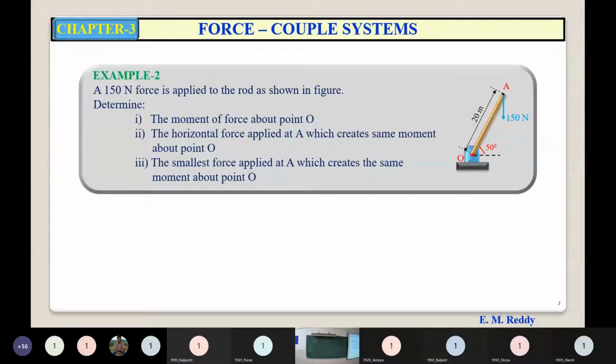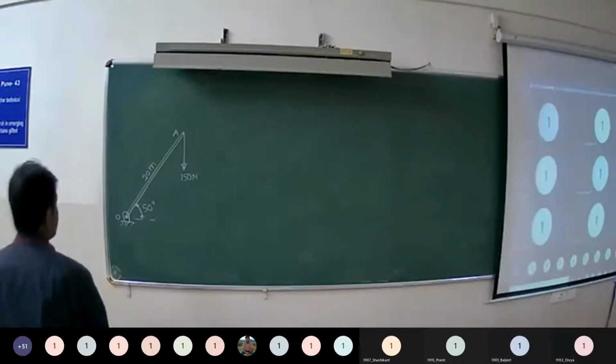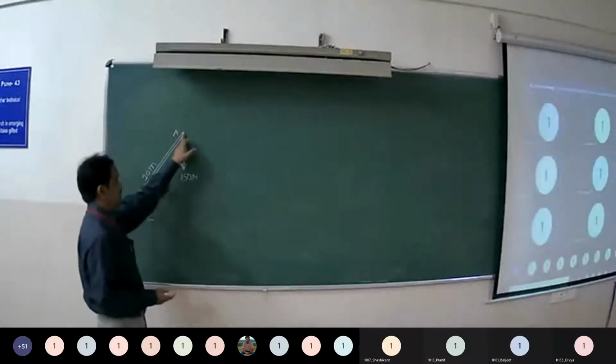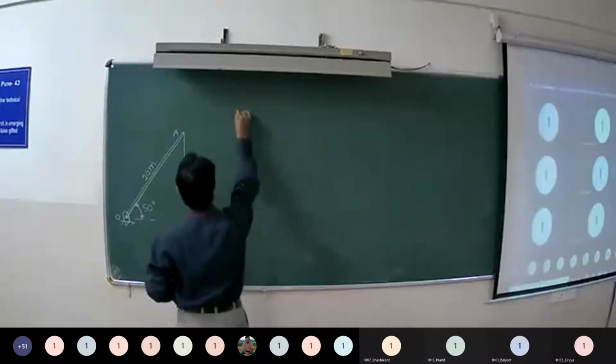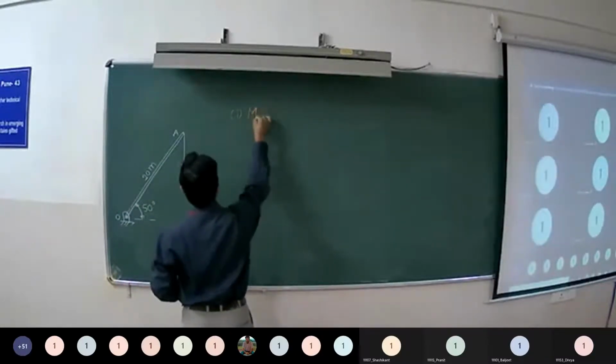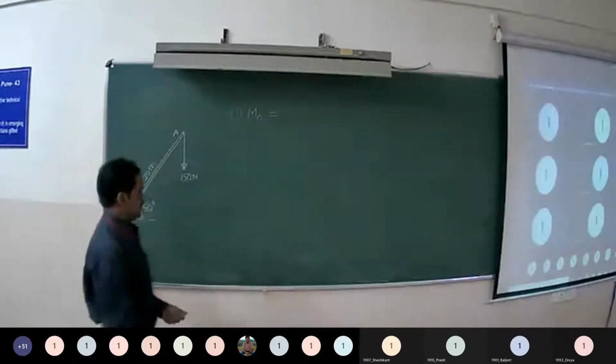Horizontal force applied at A, which creates the same moment about point O. And third, smallest force applied at A, which creates the same moment about point O. So here 150 Newton, this force is acting vertically downwards at point A. So first we have to find out the moment of this force about point O. That you can do it easily.